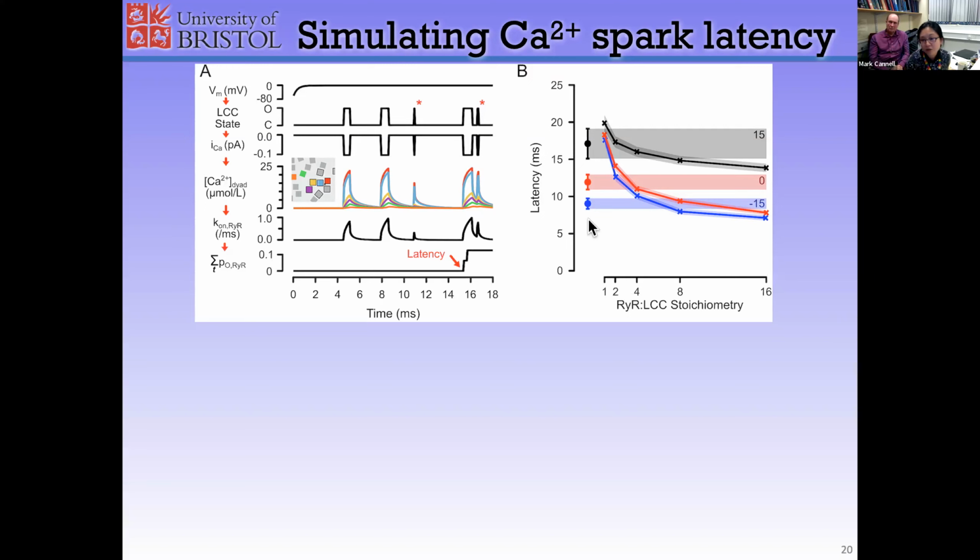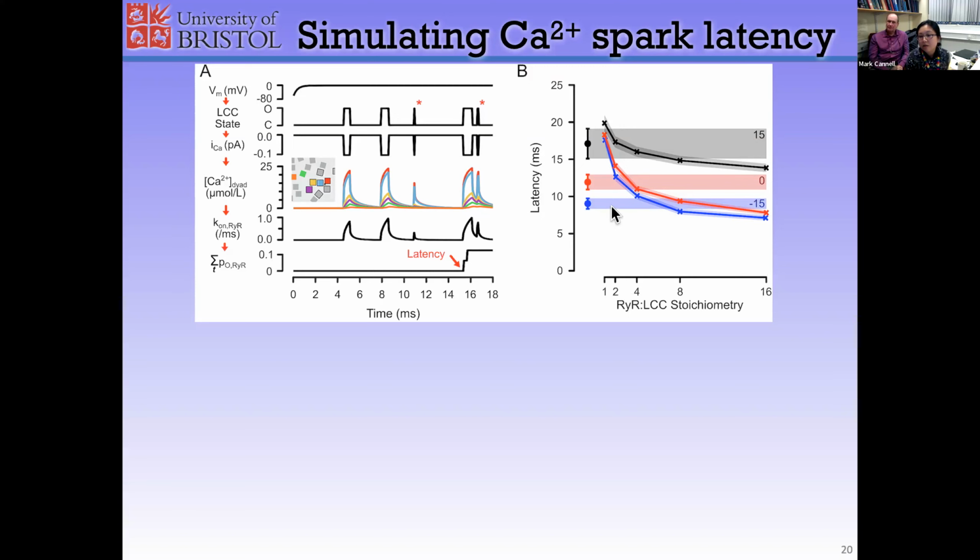The lines show the calculated calcium spark latency at the different potentials at increasing RYR to LCC stoichiometry. So by comparing the experimental to calculated data, we can see which stoichiometry can best explain the observed data.